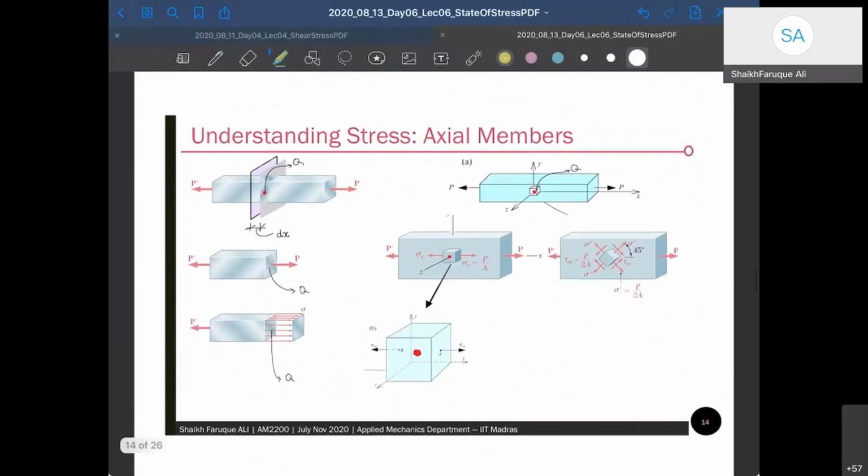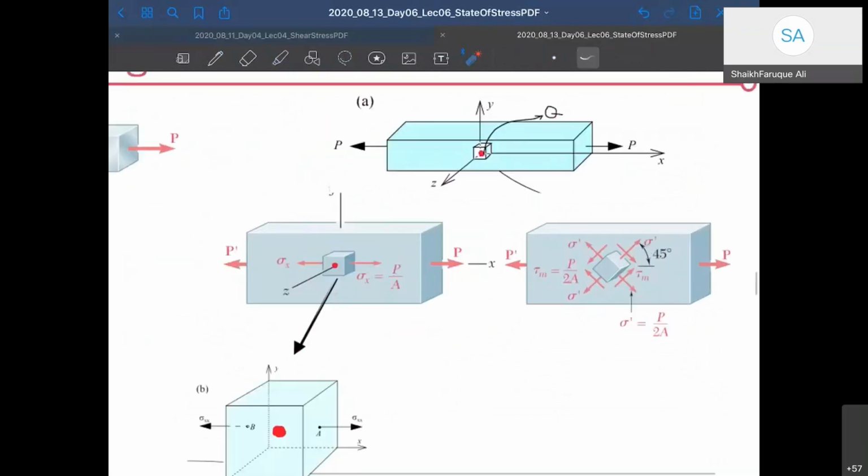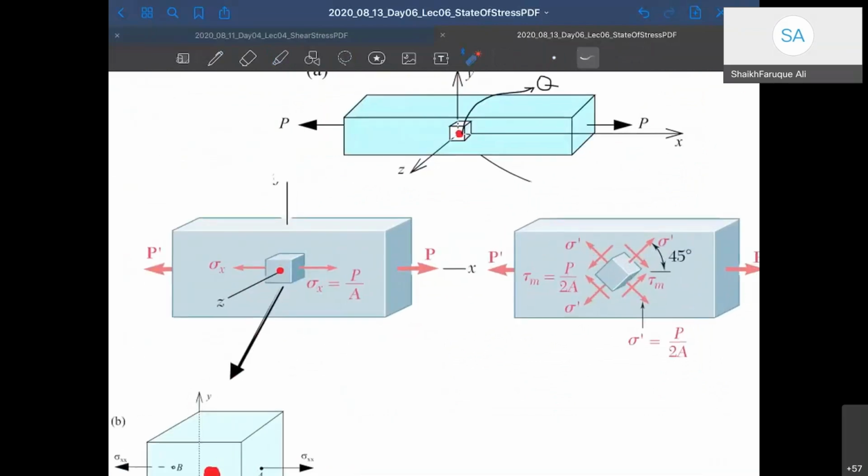But for an inclined plane, the inclination will give rise to shear stresses. So I'm just drawing the figure a little bit up. It will give rise to tau m, that means shear stress here.